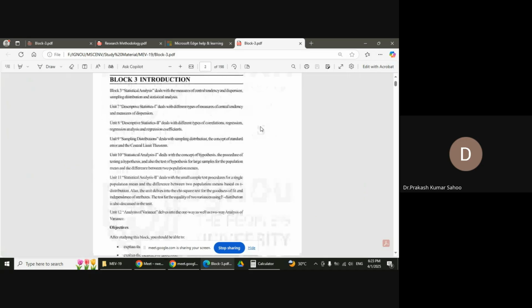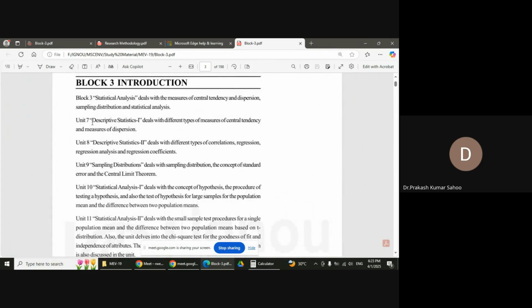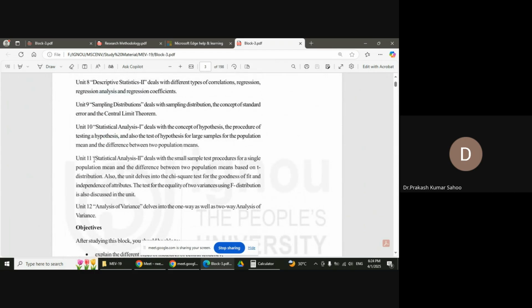Just see here, in block 3 we have from unit 7: descriptive statistics 1, descriptive statistics 2, sampling distribution, statistical analysis 1, statistical analysis 2, and analysis of variance, which is known as ANOVA test. So it is not possible to cover all the things within 2 hours.